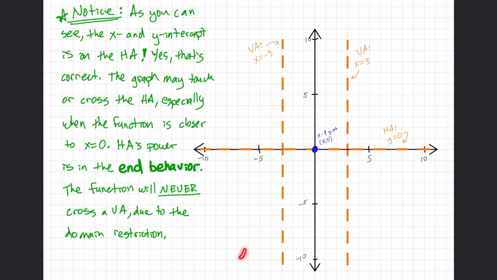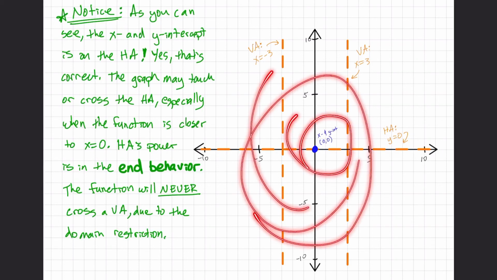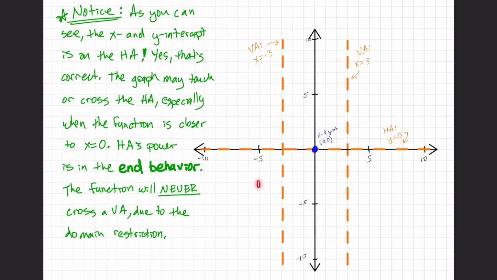So now notice, and that's what this note is saying, our function is going to be able to cross over. It might touch and turn. It might cross through like this. It might cross through like that. There are lots of different ways that they can do this, but it's okay while you're near or around the origin that we might cross the horizontal asymptote.